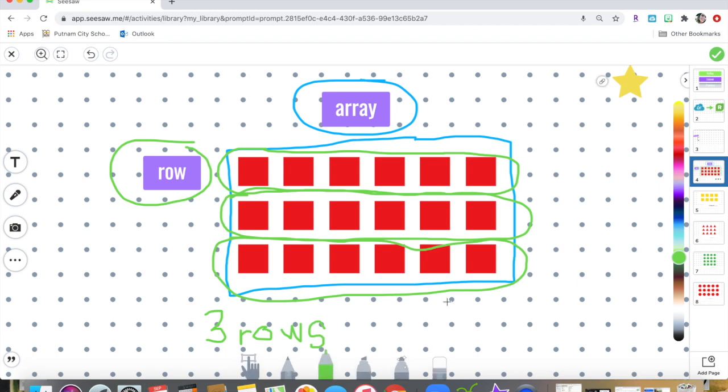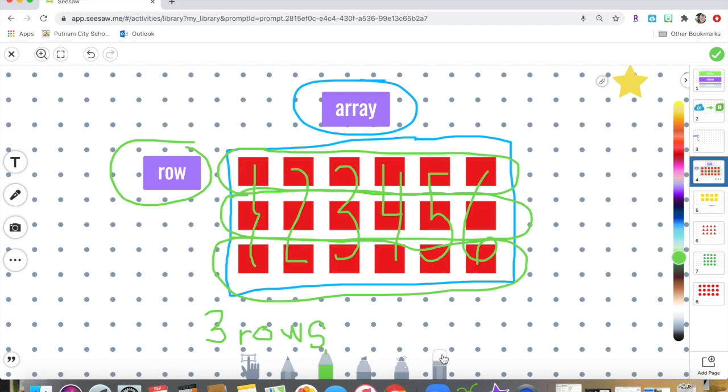What else do we know about this array? Well, we can count and see how many is in each row. And we can also, by looking at it, tell that it has the same number in each row because they all line up. So here's 1, 2, 3, 4, 5, 6.